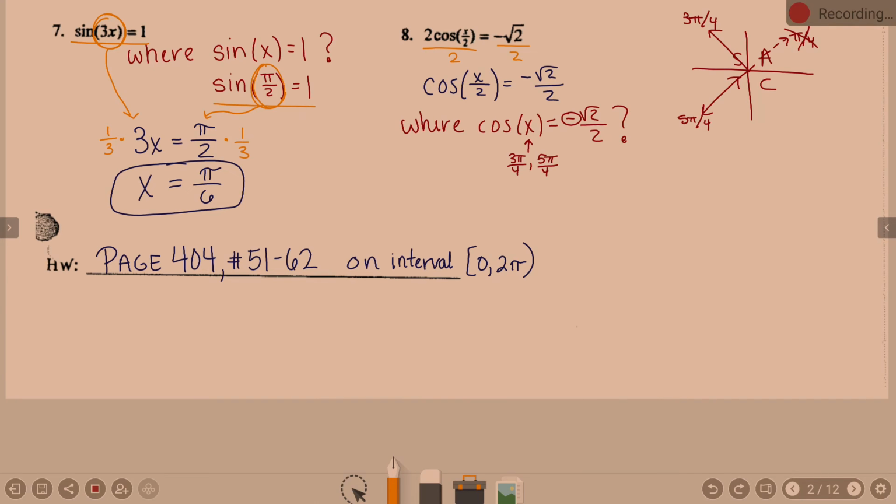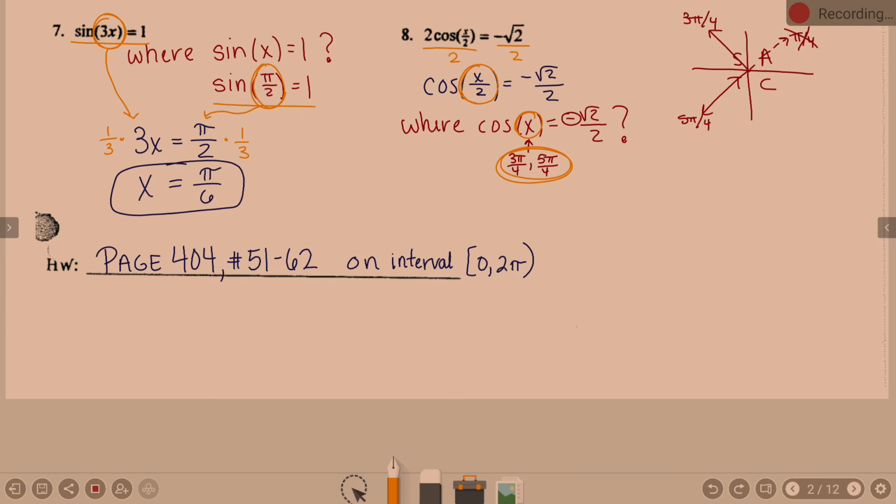So what do I have to consider here? Right? X over 2 is in the same place as x. What did we decide x was? Three pi over 4 and 5 pi over 4, right?